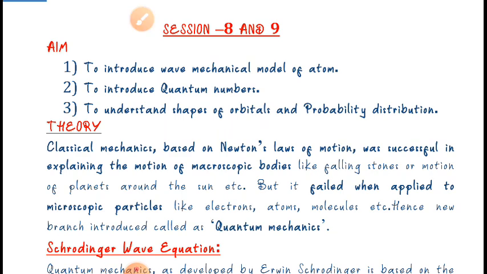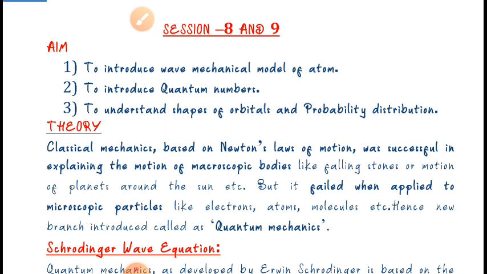Now after that, we will see the atomic orbital. If a line is drawn enclosing the region where an electron is to be found 90 to 95% of the time, such a region or space is called an atomic orbital.